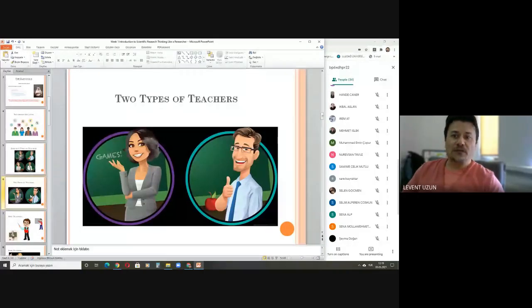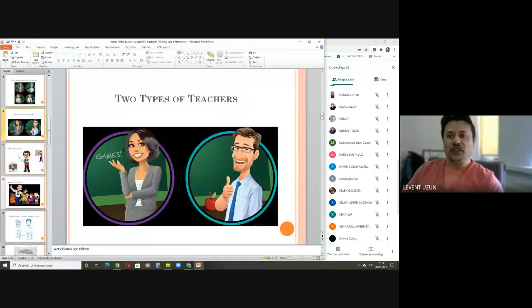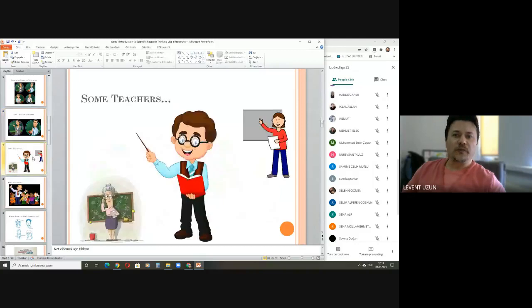But there are two types of teachers, in my opinion, according to my experiences and observations. Well, the first type, some teachers like to concentrate on the subject, on the topic that they teach. They like to strictly follow their curriculum. They like to concentrate on the course book, on the workbook, on the exercises, on their job.